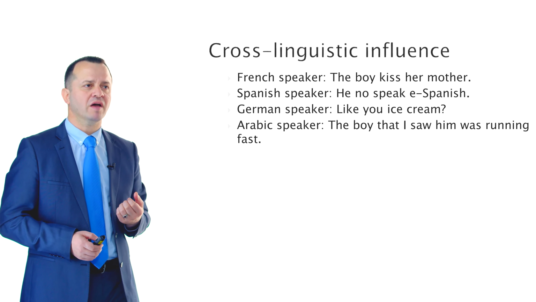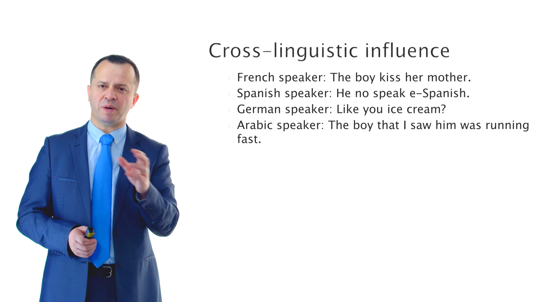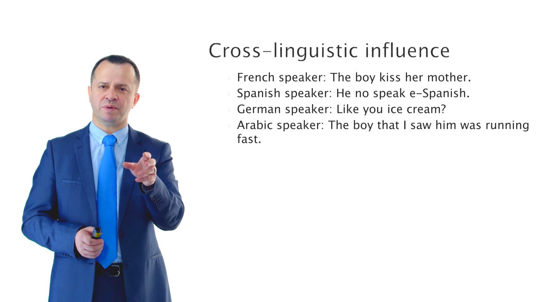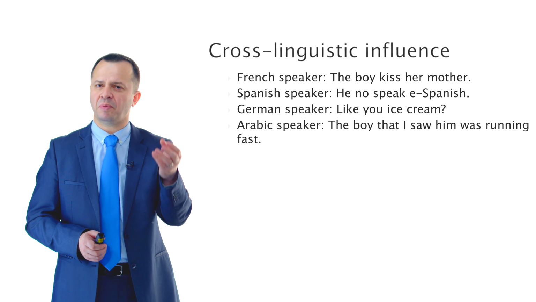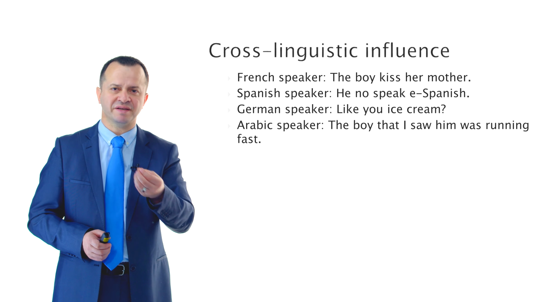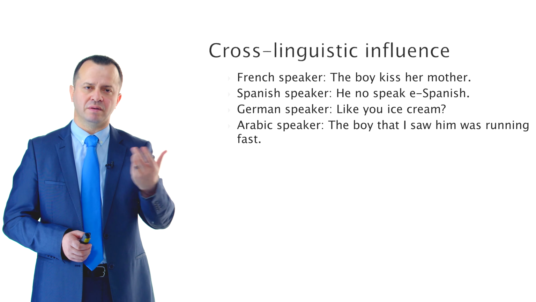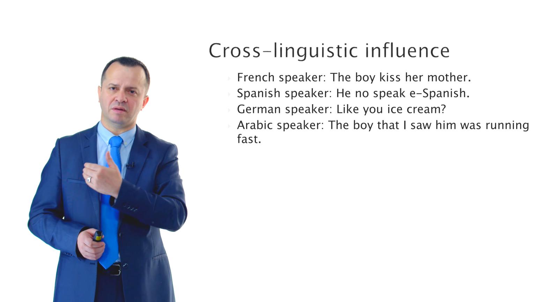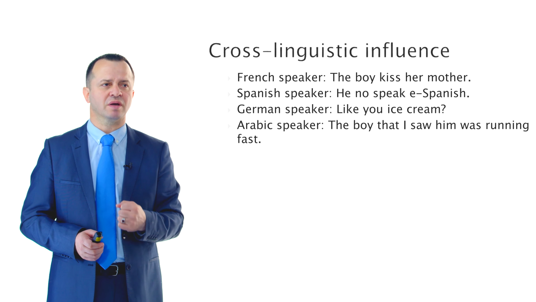Okay. Now we have cross-linguistic influence, because in Uzbekistan most of us speak Uzbek, Russian, Kazakh, Karakalpak, Tajik, Turkmen, Kyrgyz, for example, right? These are the languages widespread in Uzbekistan, or at the borders between Central Asian countries.